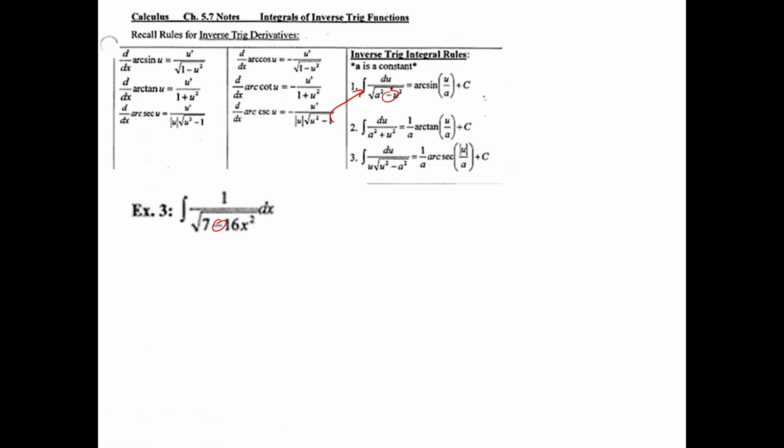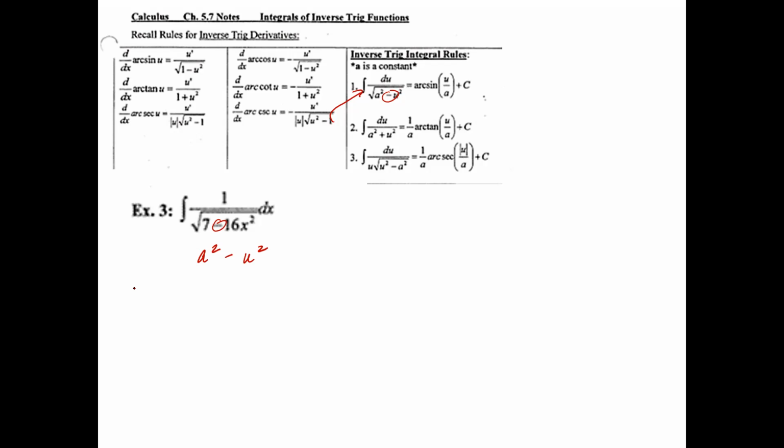And a is generally going to be the constant, like 7. So in this situation, you have a square root of a squared minus u squared.